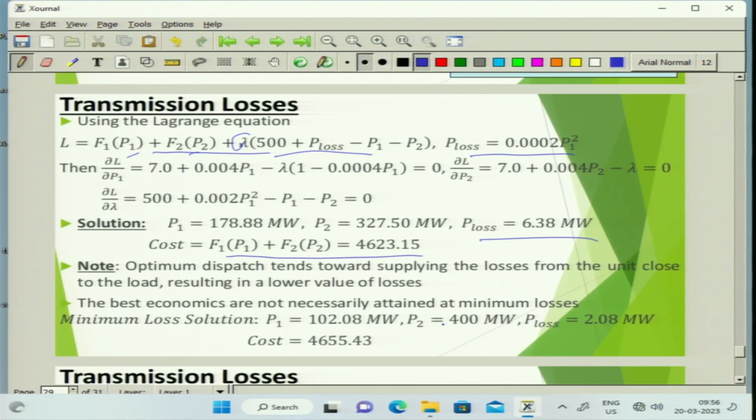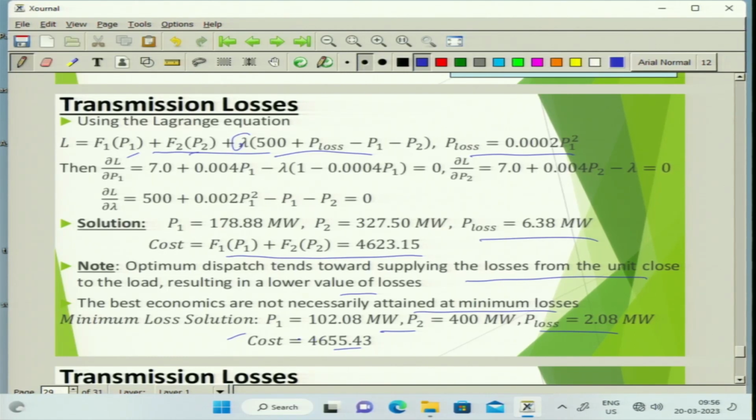Note, optimum dispatch tends towards supplying the losses from the unit close to the load, resulting in a lower value of losses. The best economics are not necessarily attained at minimum losses. If you try to minimize the losses, that does not ensure that you reduce the overall economic cost. So the minimum loss solution is this much.